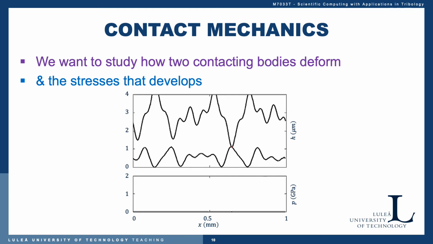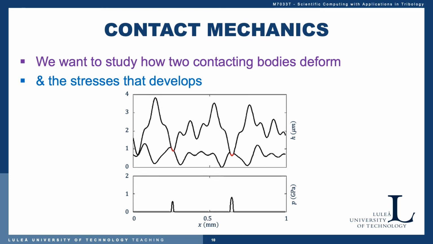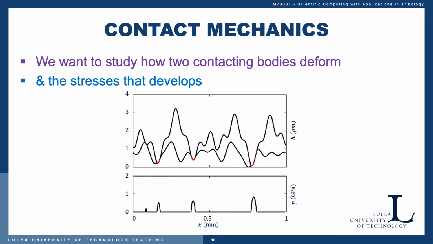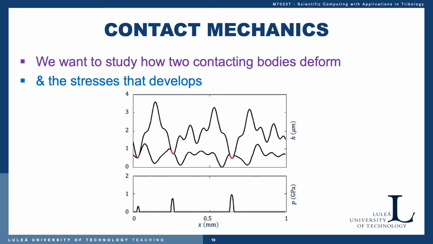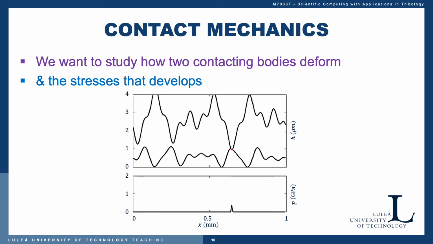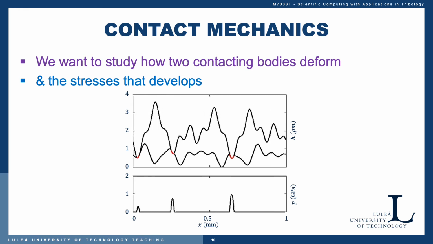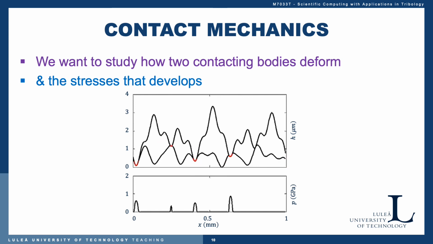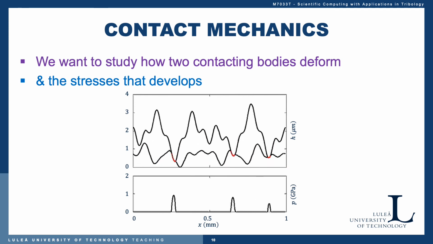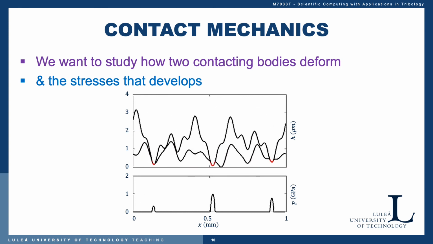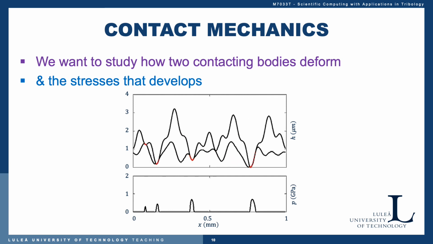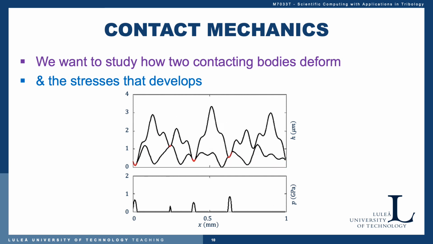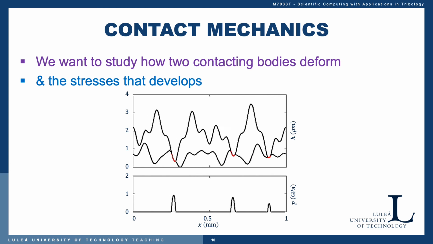But let's see what happens when we start the animation. So we load the surfaces together, and as you saw, the stresses were developing up to a certain point, and then after this point we start to slide the surfaces relative to each other, and the contacting patches move, of course, and so does the associated contact pressure.